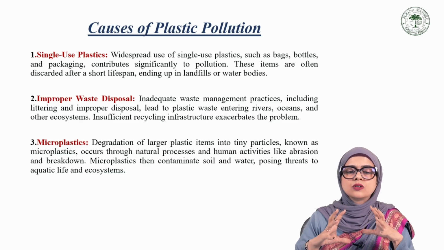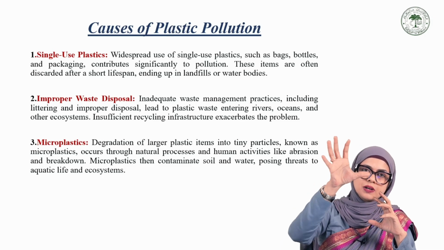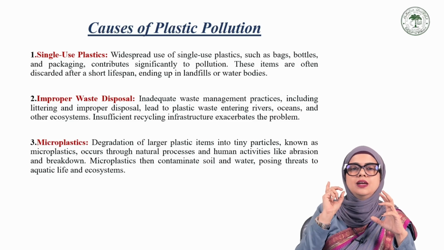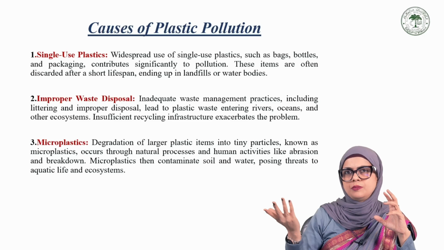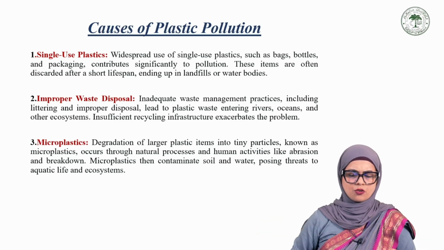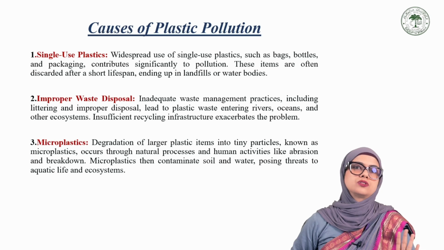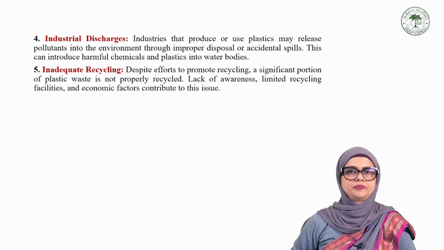Then there is another cause known as microplastic, when larger plastic is degraded into tiny particles. It occurs through natural processes or anthropogenic activities like abrasion and breakdown. And of course, these microplastics then contaminate the soil and water, and pose a threat to human health, aquatic life and ecosystems.